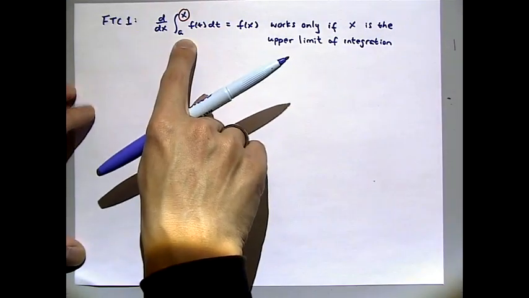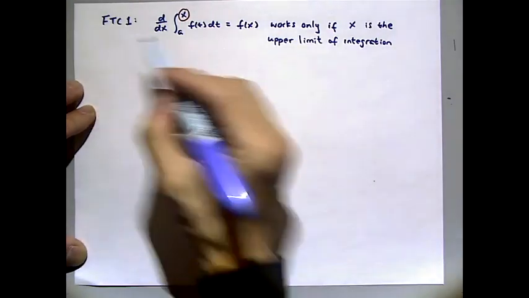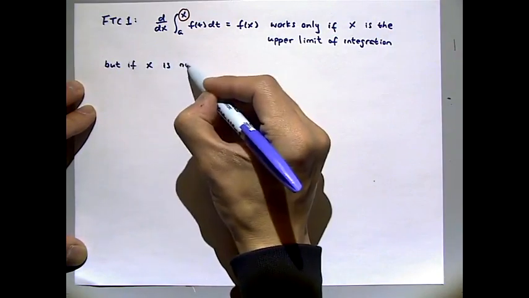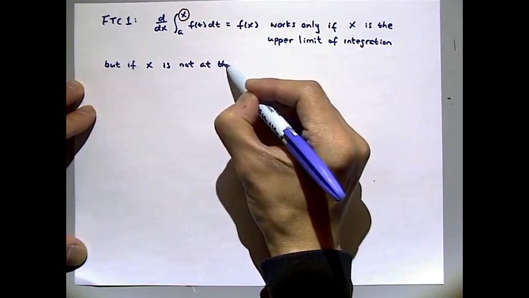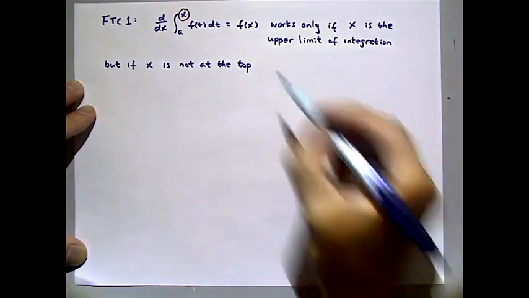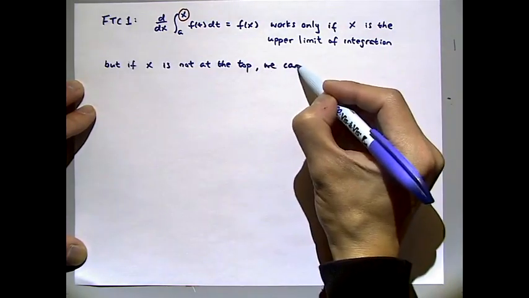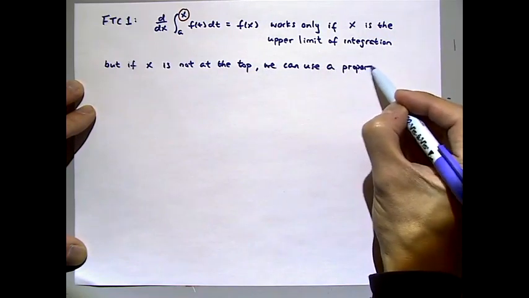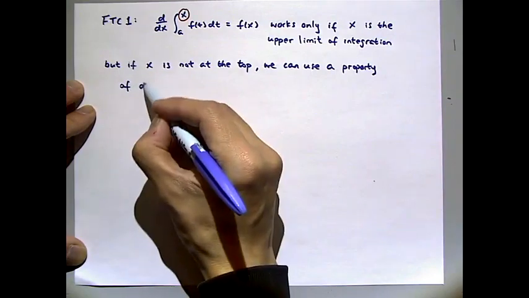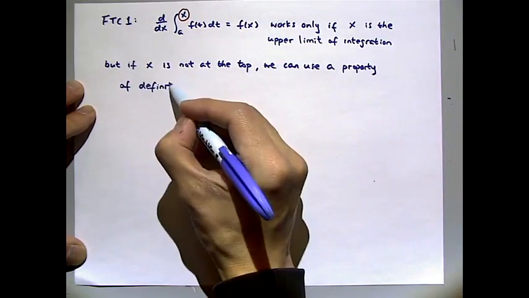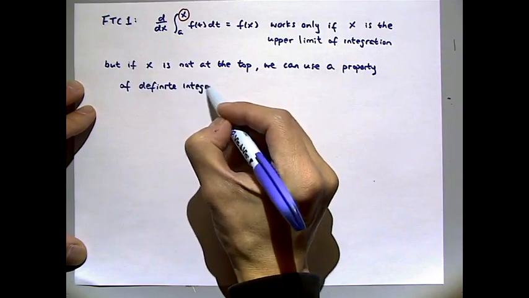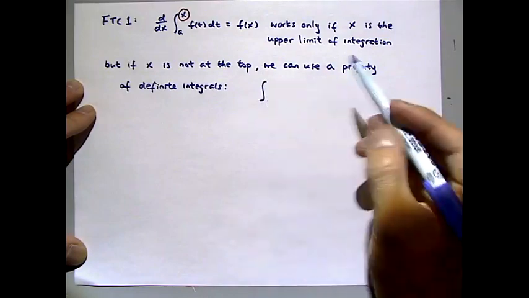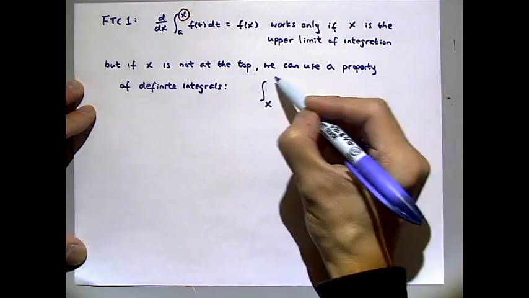Now, if you don't have x on the top, we can use a property of definite integral to fix that. Let's say if they are reversed.